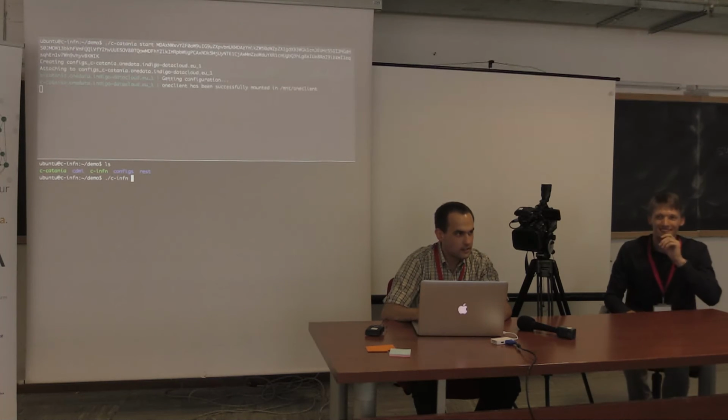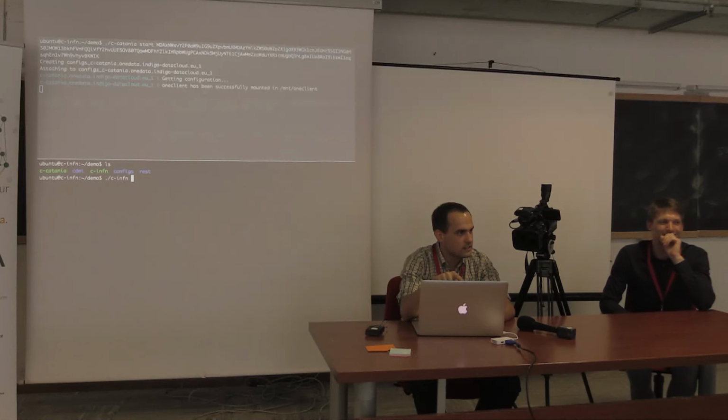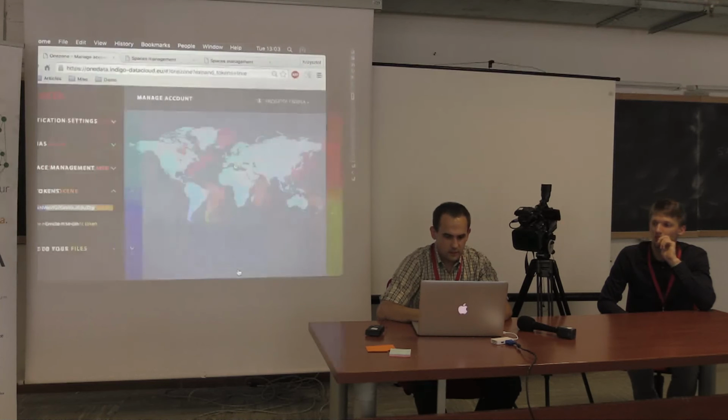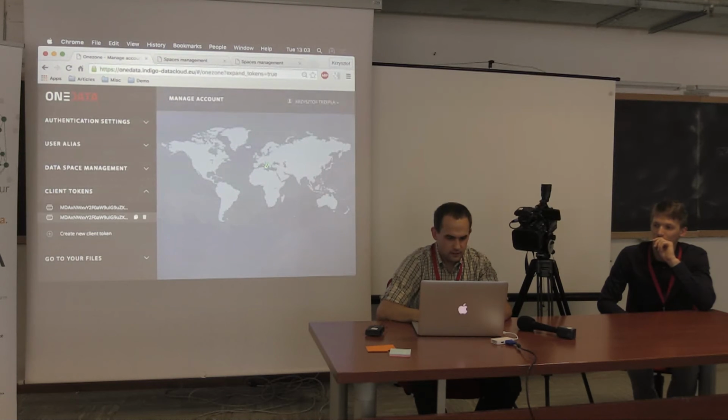Now I will mount a second client. So the first one is connected to the Catania provider, and the other one will be connected to ENFN provider. To do that, I have to get another token.